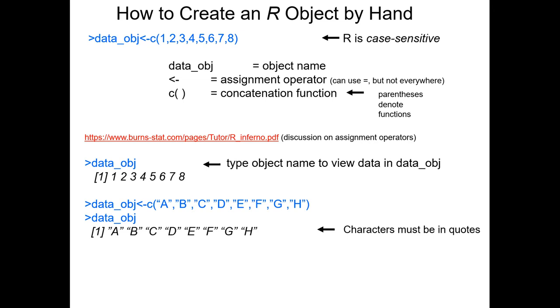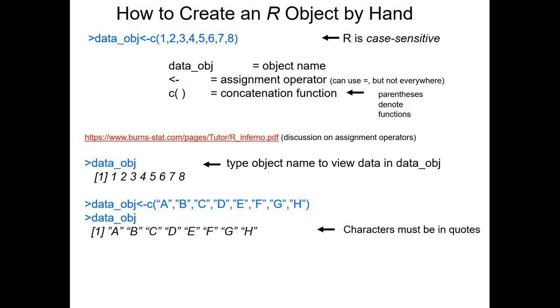Throughout all these slides I use an object name called data_object. This is the place where all that information will be stored. The next thing you need is what's called an assignment operator, which in my case is the less than and minus sign. It looks like an arrow, doesn't it? Just pointing into that object.